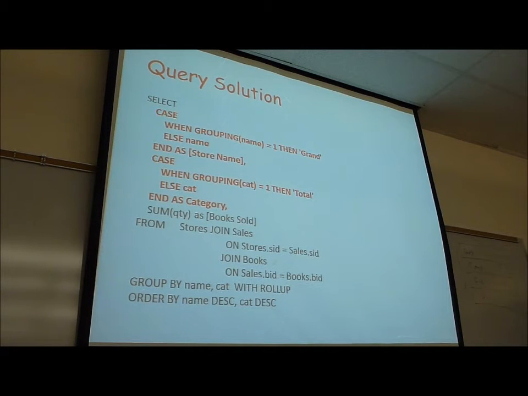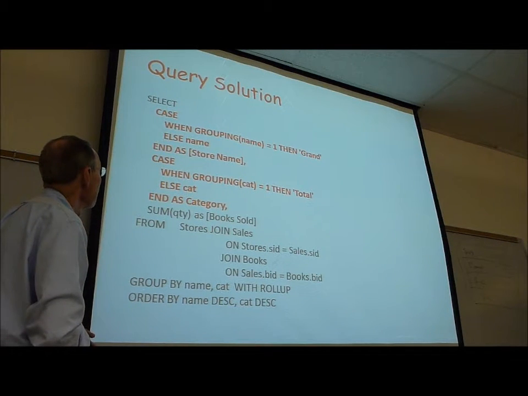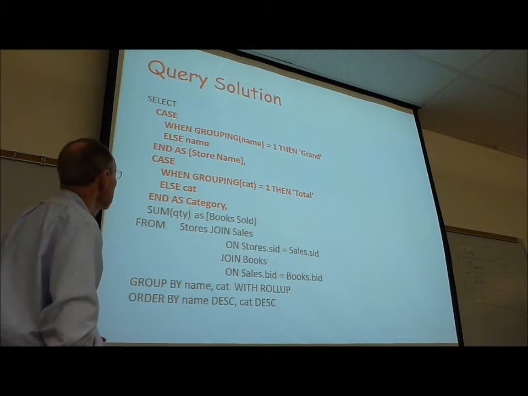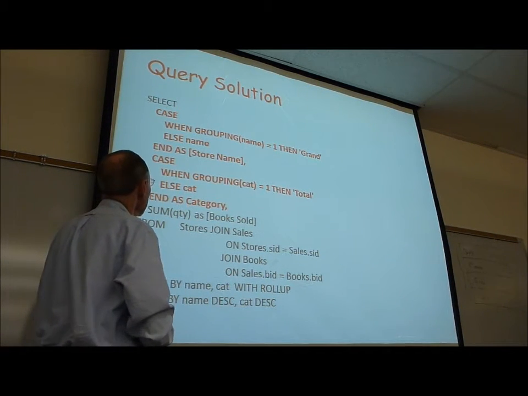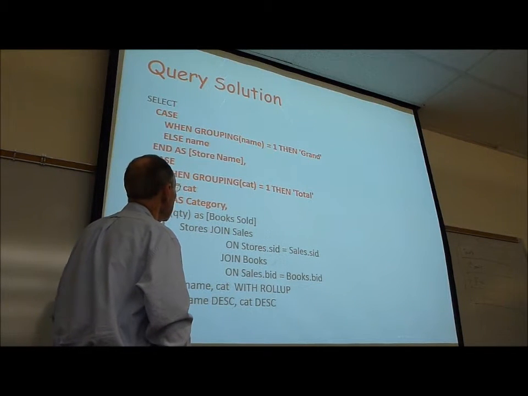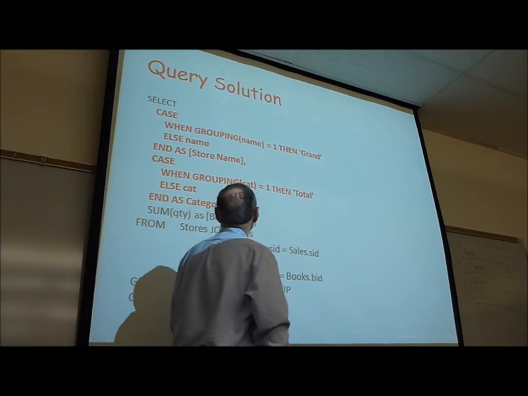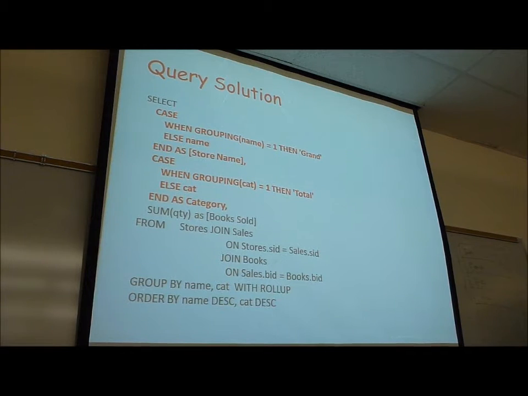So I've got an example here, and then we'll run this one. This is a different statement, so we're just taking it as is. We have a case statement here, and when the grouping of name is 1, then that'll be in that grouping column.